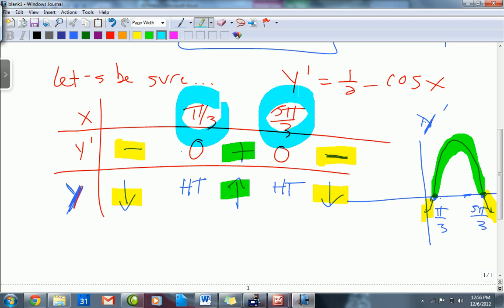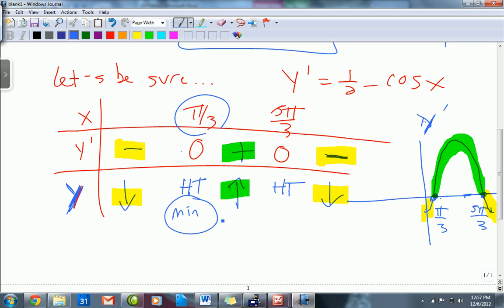Changes specifically in this case from decreasing to increasing, and then again from increasing to decreasing. So here's what I know now. Based on pi over 3 being the point at which the function y changes from decreasing to increasing, that makes pi over 3 a minimum. It goes down, stops, then goes back up.